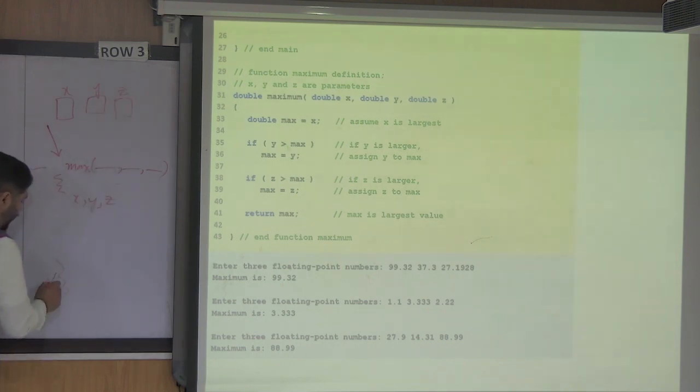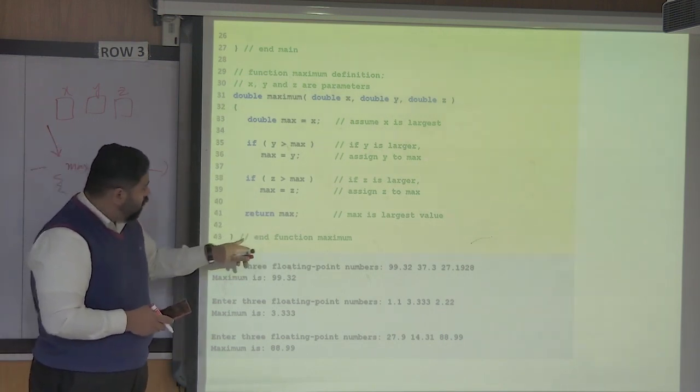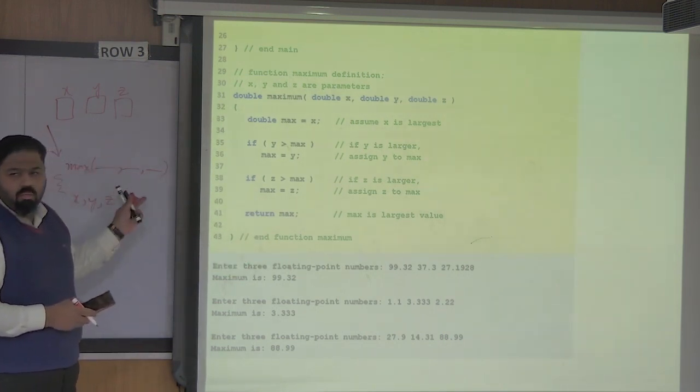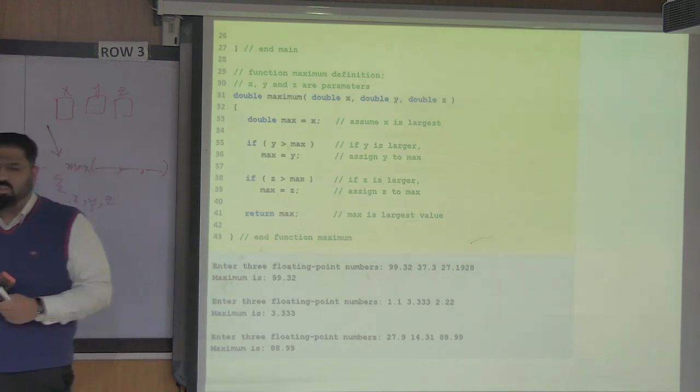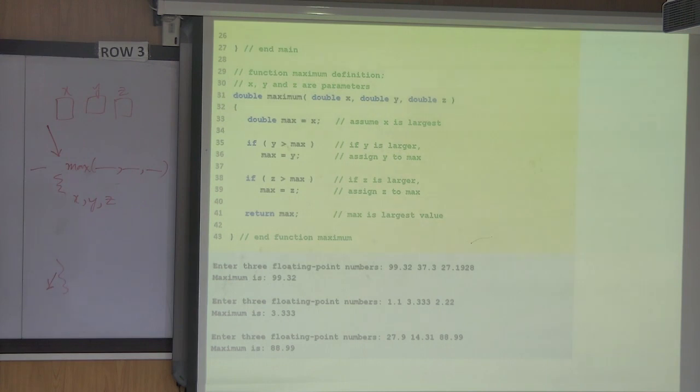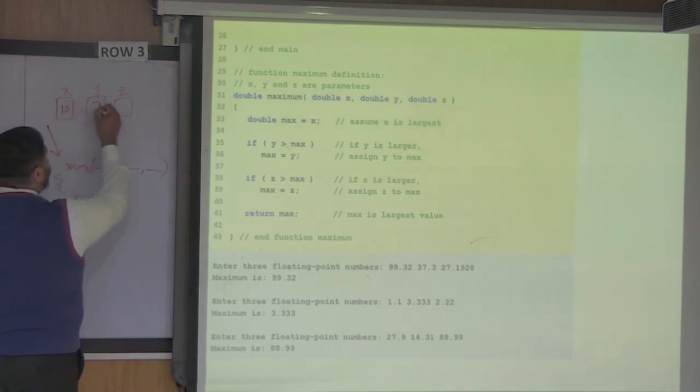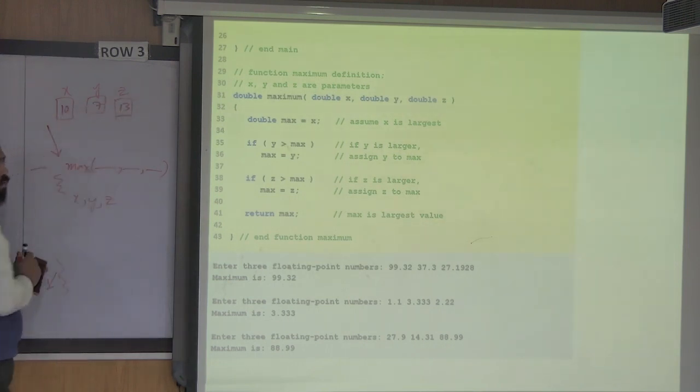Whenever control leaves the block for the main, you have executed it. Now you are leaving this, going back to the main. What is the state of these variables in the memory? Are they staying in the memory with the current values? Let's suppose 10, 7 and 13. Control enters the block, the variables are created.